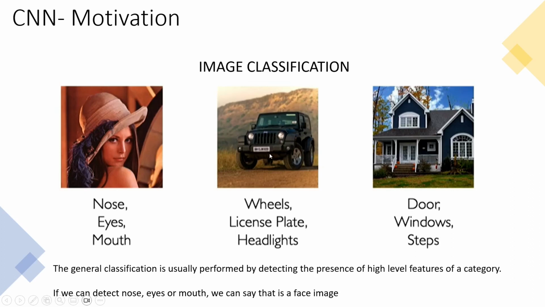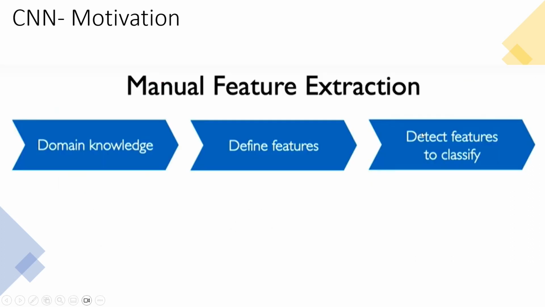You may try to find the license plate, you may try to find the headlights. And once you find a couple of them or one of them, you can say this is a vehicle, right? Similar here. If you find the nose, then you can say this is the image of a face. Or if you, for example, find a door in this image, then you can say this is basically the image of a house. Okay, this is how you would solve the problem of classification.